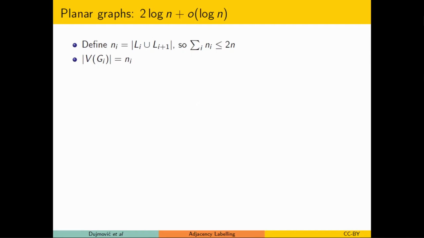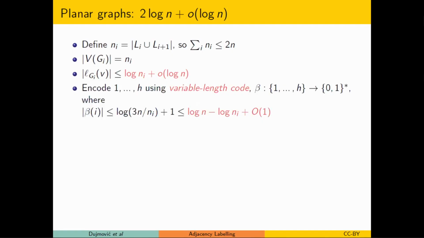If you add up all of those N_i's, each vertex appears in at most 2 of those graphs, so you get something that's less than 2n. So that means if I look at the label of some vertex v in the graph G_i, that's going to be something like log N_i plus little o of log n.